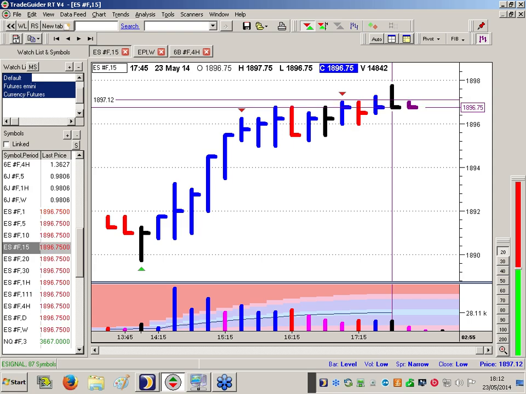Right, so simply having gone up makes it vulnerable to want to come off. But it hits one, two red arrows here. It is rounding over, look. And lo and behold, we have what looks like an upthrust. That's what we call a weak bar. So that doesn't look as if it wants to go much higher at the moment.